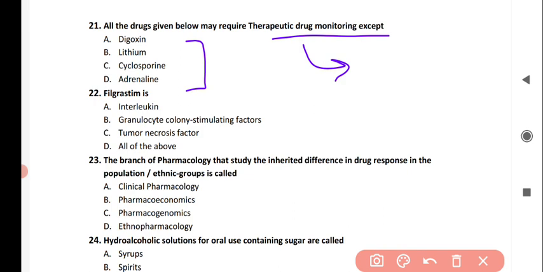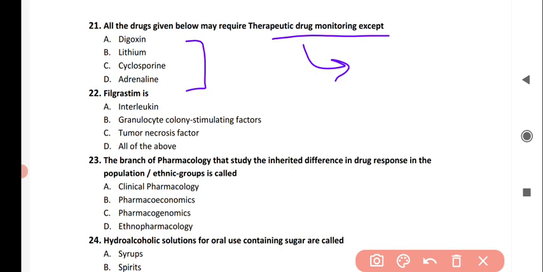Now there are several conditions when therapeutic drug monitoring is not useful, like when the drugs whose response is easily measurable, like there are few drugs whose response we can measure very easily, then several drugs that are activated in the body, like several products, then some drugs whose effect lasts longer, then several drugs which are having irreversible actions like anticholinergics.